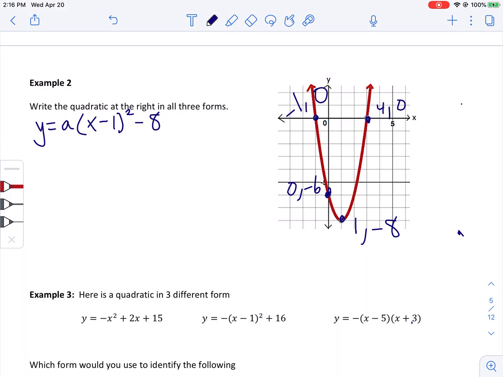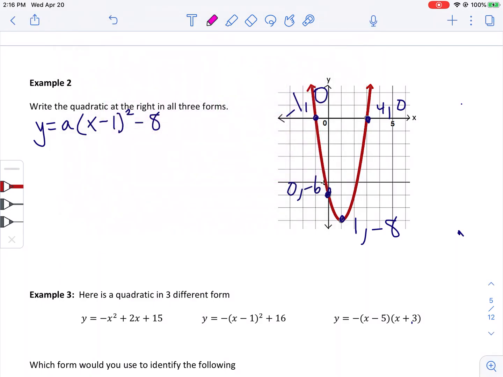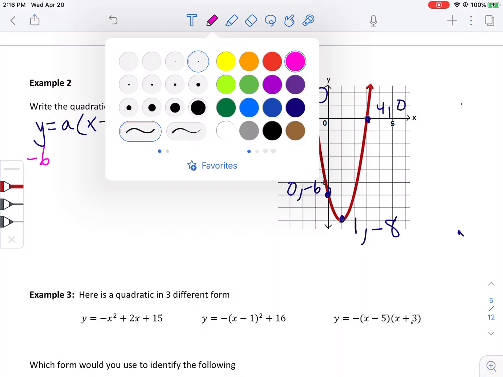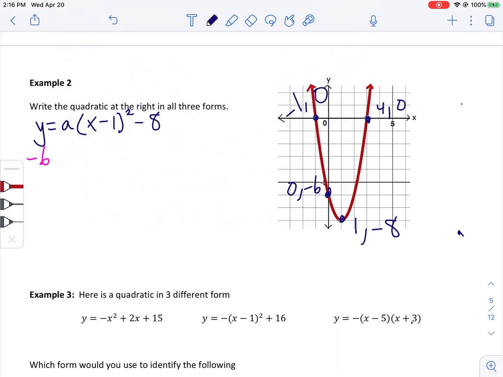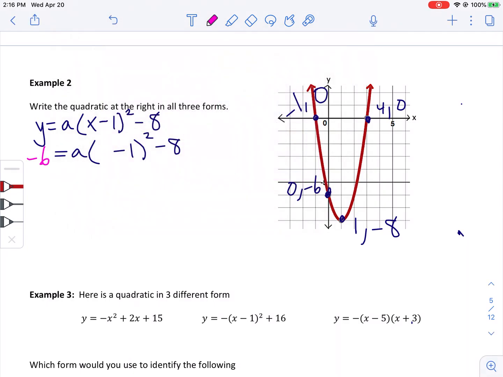And then let's pick another point. Maybe I want that (0, -6). So -6 equals a, and this x is 0.